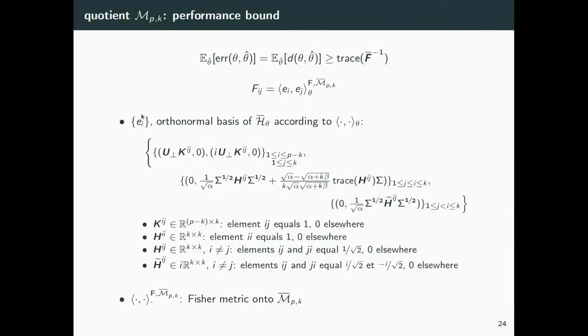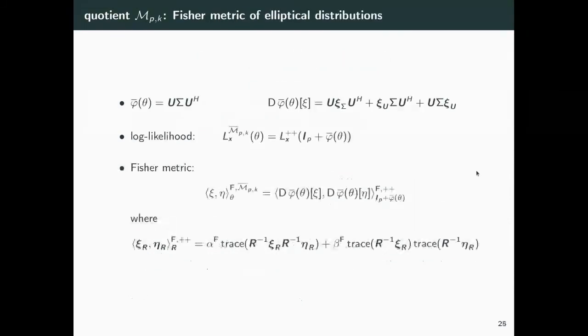To define it, we have this Fisher information matrix here, where the Fisher metric is defined as in the classical case, and for the orthonormal basis, this time we take the orthonormal basis of the alternative horizontal space that we have considered, and which is given by this formula here.